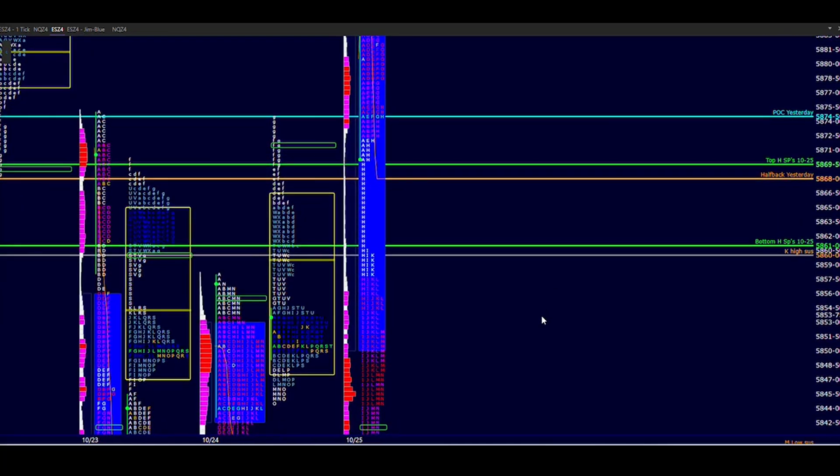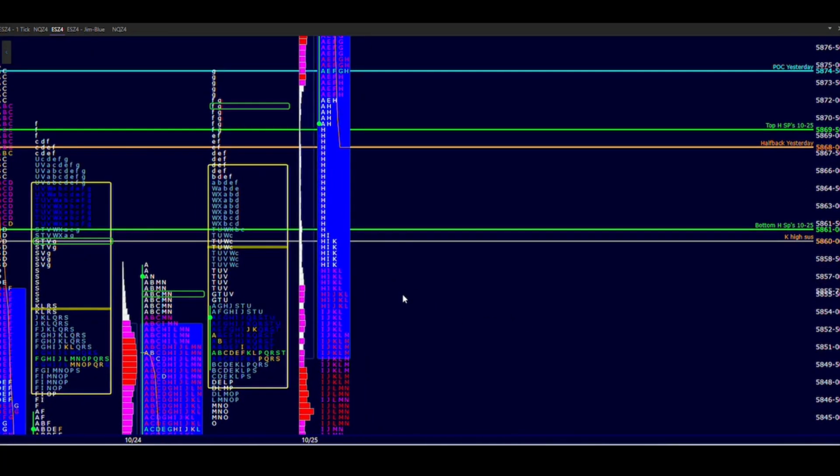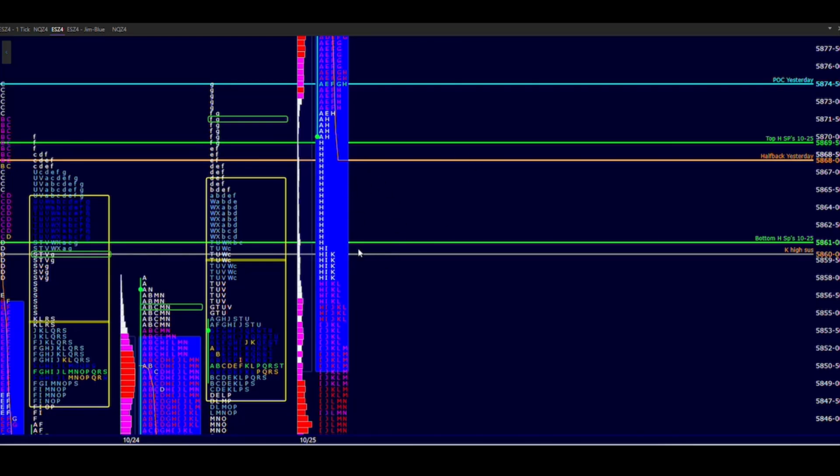So buyers would need to fill during regular trading hours on Monday all of these single prints that start at 58.61 and close at 58.69.50. Any failure to fill all of that and the auction remains to the downside. So that's going to be the first step that buyers can do to regain control from the liquidation we saw on Friday and the return to the previous day's range.